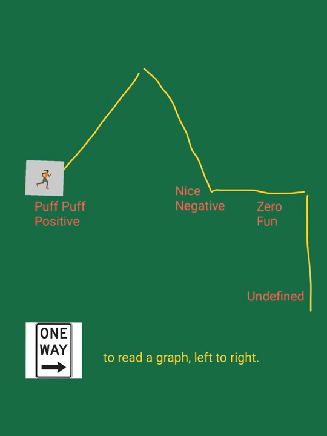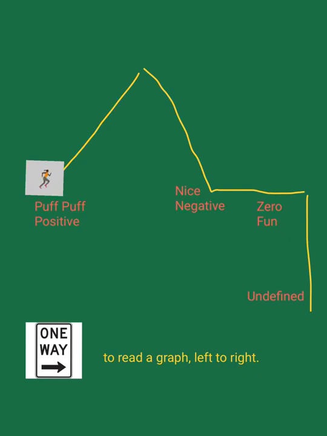There is only one way to read a graph, and that is from left to right. What I have here on the screen is a graph, and I'm going to show you what slope looks like. I'm going to start my runner here.